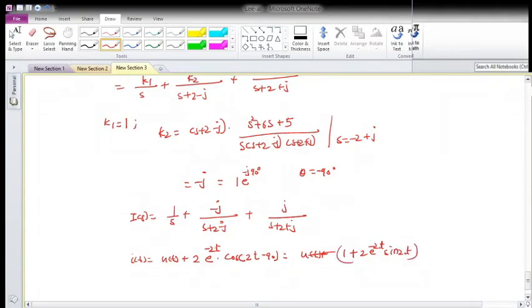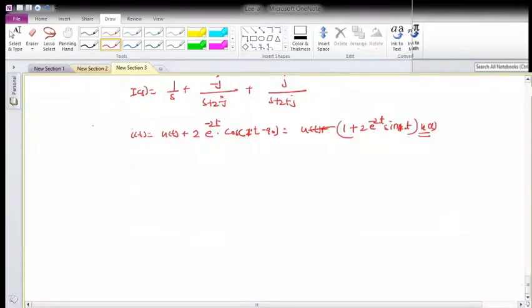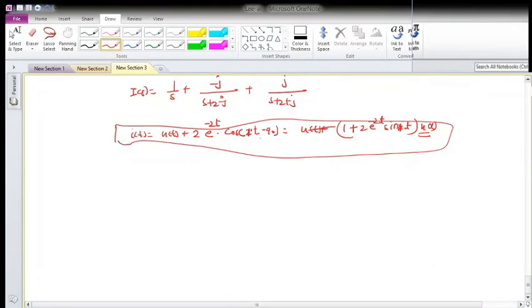Now omega is how much? 1. So cos t, sine t into u of t. Note that u of t you have to mention. So this way also you can find out the residues, even if the roots are complex conjugate, and you can use the standard pair to find exactly the answer.